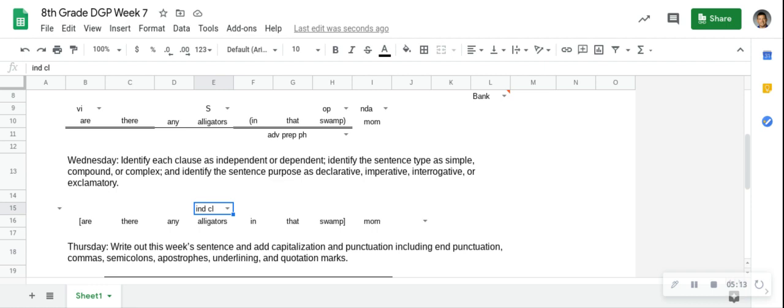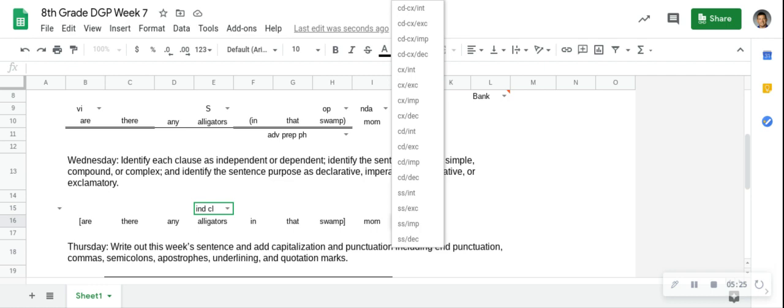Or do we have a compound complex sentence, which is multiple dependent clauses and multiple independent clauses? It's a simple sentence because we have one independent clause. So now the next thing we have to find out is the sentence purpose.